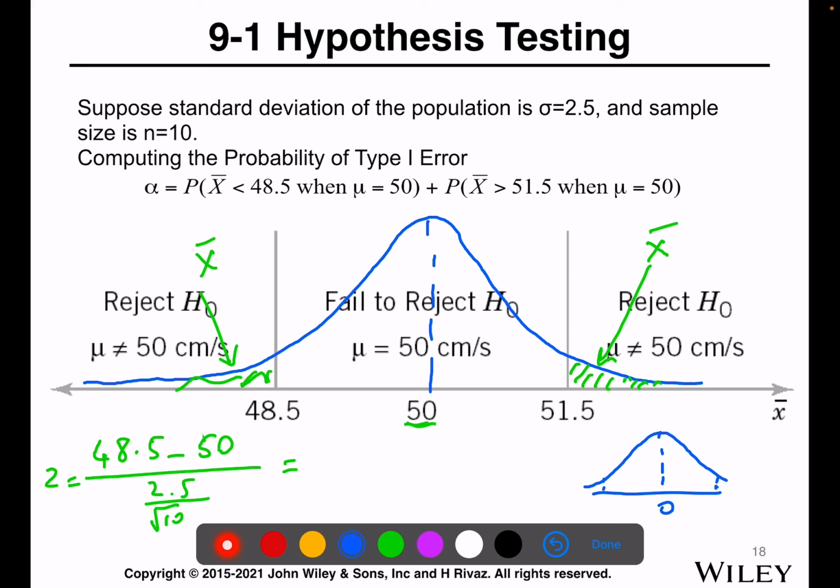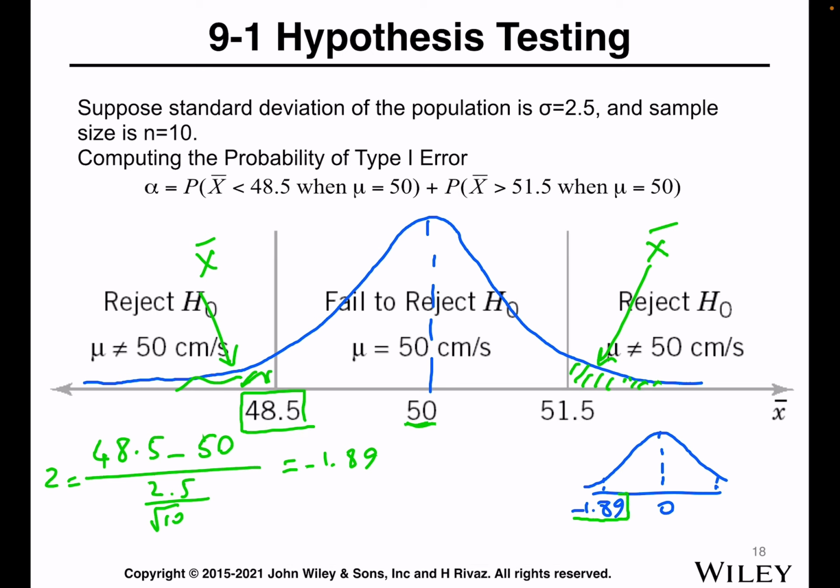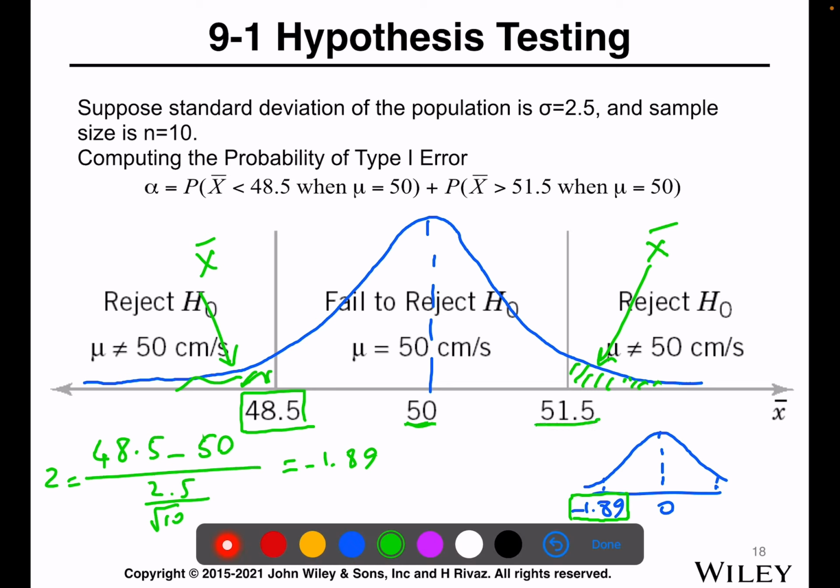Minus 1.89. Thank you. So this is going to be minus 1.89, which means 48.5 is transformed to minus 1.89, and similarly the other value is transformed to plus 1.89.